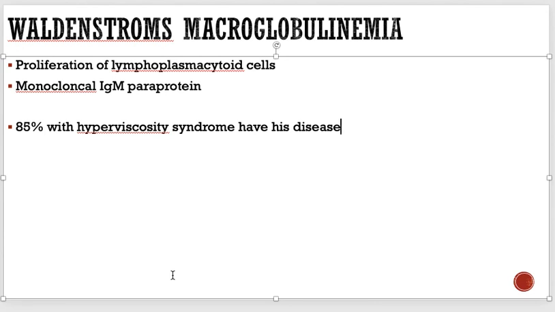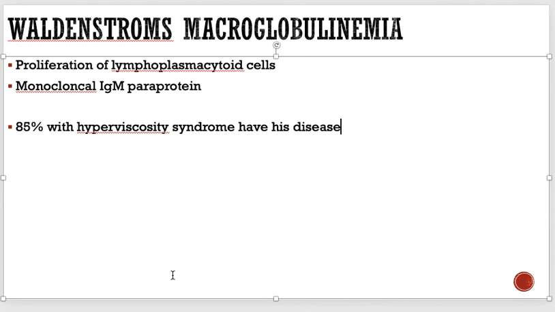I think I have been talking about these since the time we started studying hematology, right? The other things are all features of hyperviscosity syndrome. They go into congestive heart failure, they go into all these features, neurological features. Okay, it's because of this.